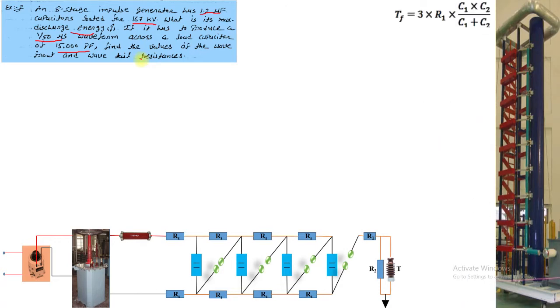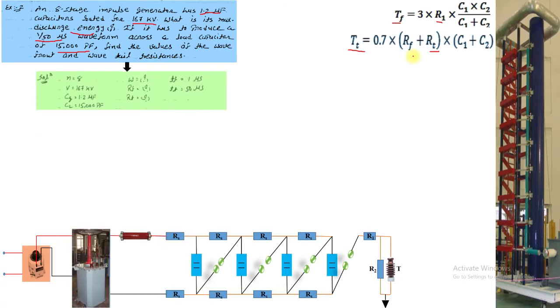The same equations are used, but now we have to apply the reverse procedure, because we know the wavefront time and wave tail time, but the wavefront resistance and wave tail resistance are unknown to us. The procedure is quite similar to the previous one.